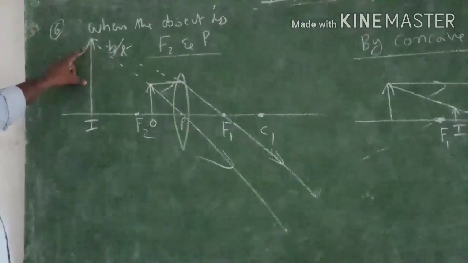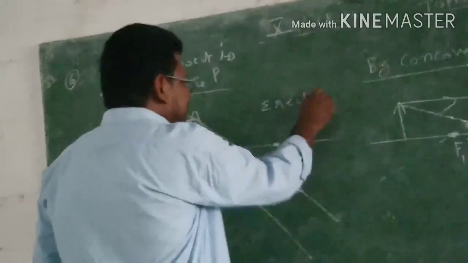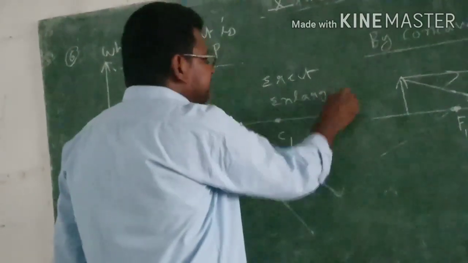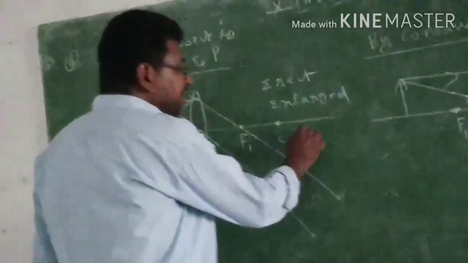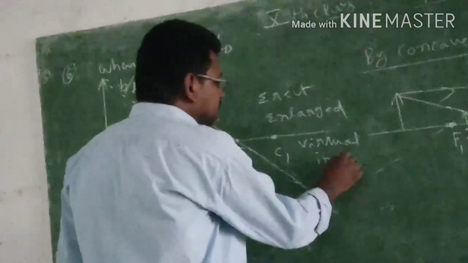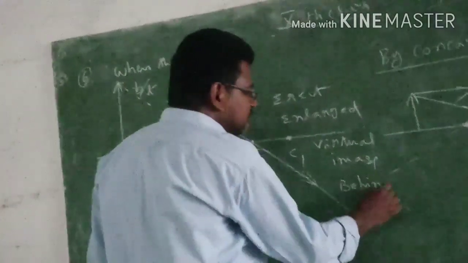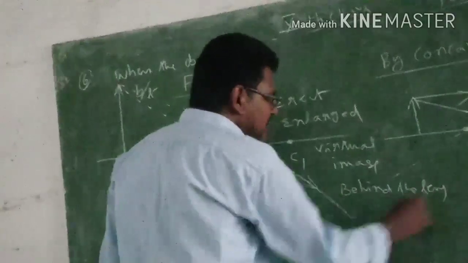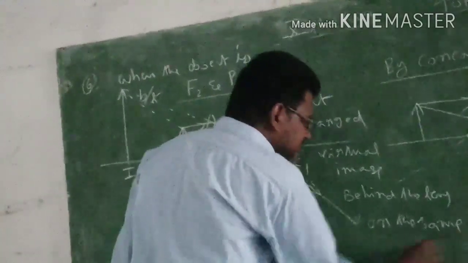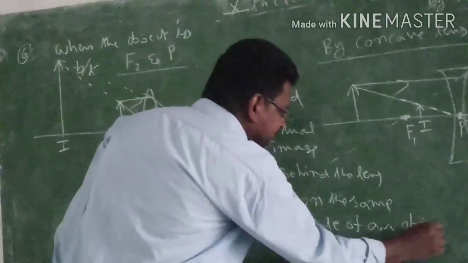It is erect like the object. The characteristics are: it is an erect image, it is an enlarged image, and it is a virtual image, and its position is behind the lens, or else on the same side of the object.